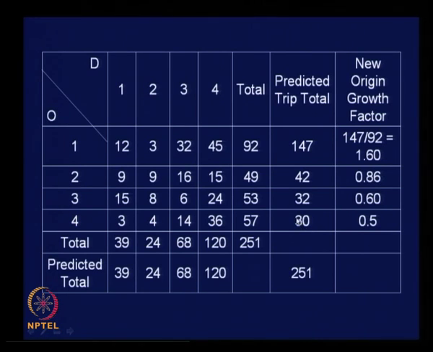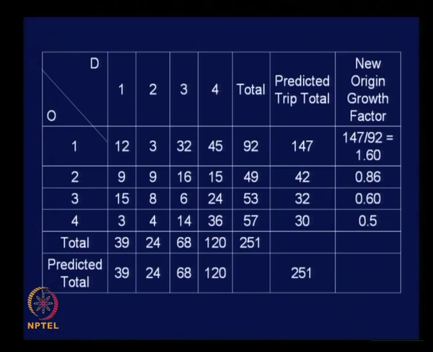So, calculate a new growth factor based on the desired values, or your own predicted values, and the calculated values, right. 147 by 92, for example, gives you 1.6. Do the same calculation for other rows, and you get 0.86, 0.6 and 0.5 as growth factors for origin zones.